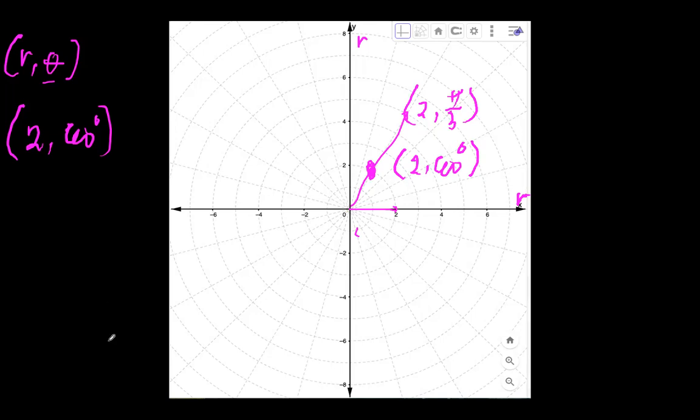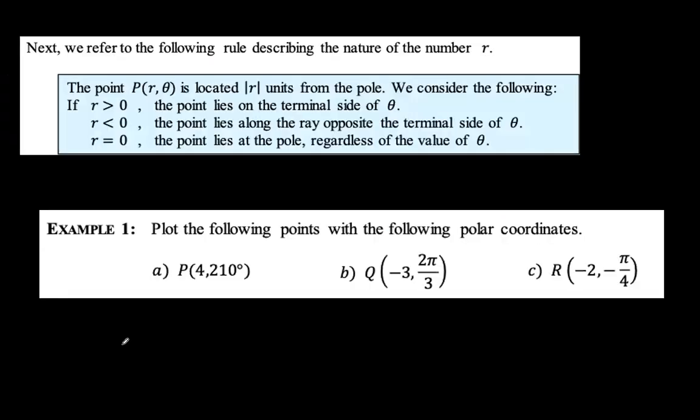Now let's discuss more of how to plot polar coordinates in the polar coordinate system. How do we plot the points? The point P, which is the polar coordinate with coordinates r, the radius, and theta, the angle measure, is located at |r| units from the pole.